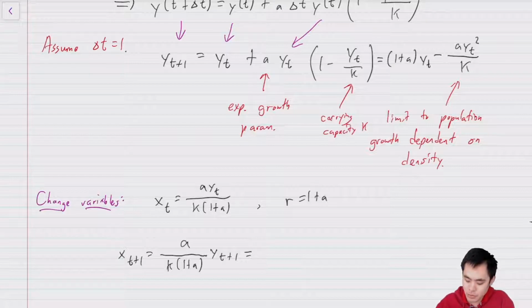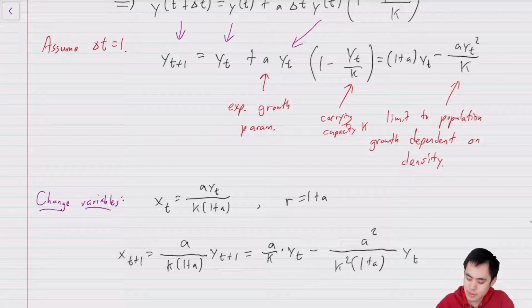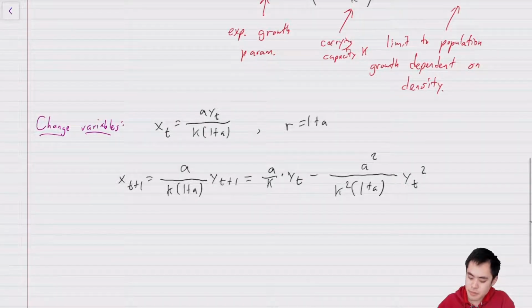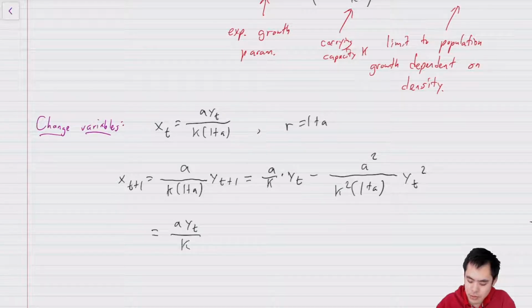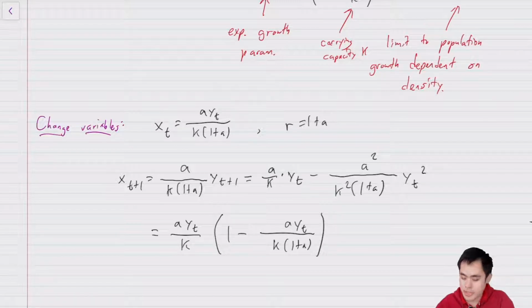So that's going to be equal to a over K times y_t minus a² over K² (1 + a) y_t². And that's going to be equal to a y_t over K times (1 − a y_t over K(1 + a)). But of course, that entire fraction inside is just equal to x_t.